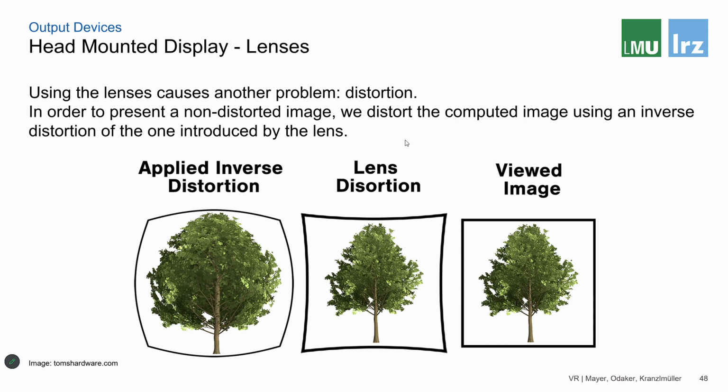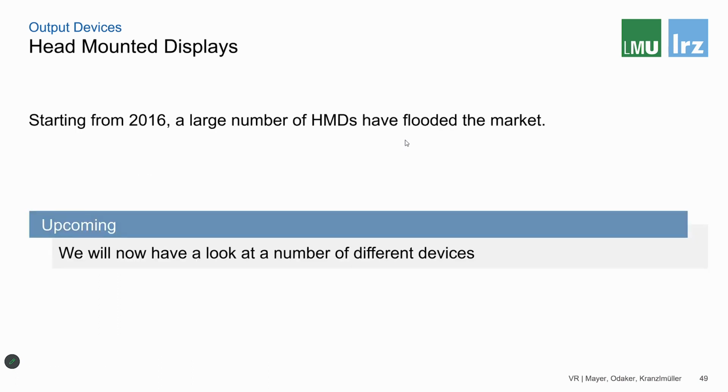Okay, so we have had a VR boom since 2016, which has stalled a bit, but is still going strong. So there is quite a large number of devices that have flooded the market in the last 6-7 years. We will now have a look at some head-mounted displays that are currently available.